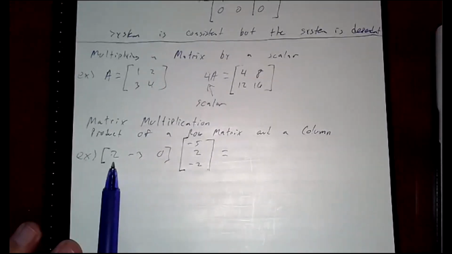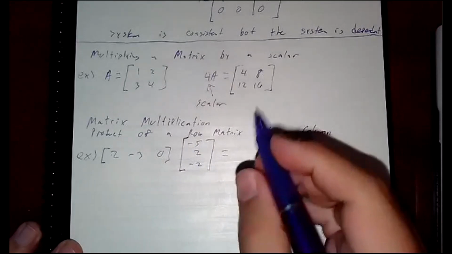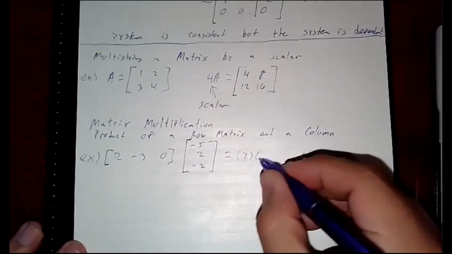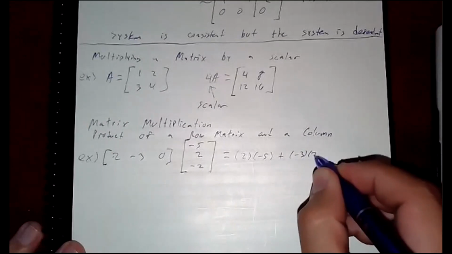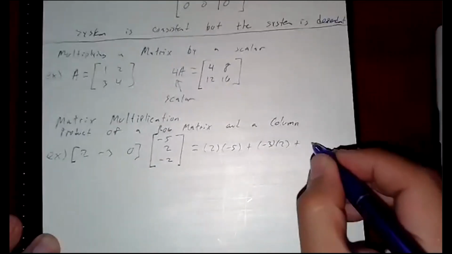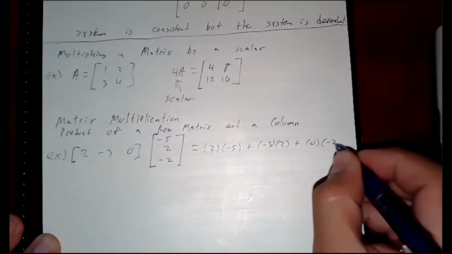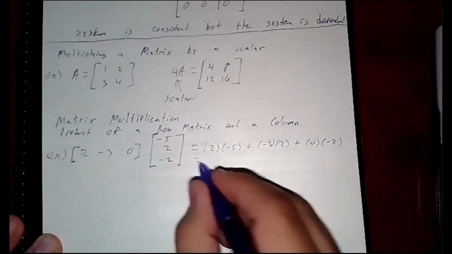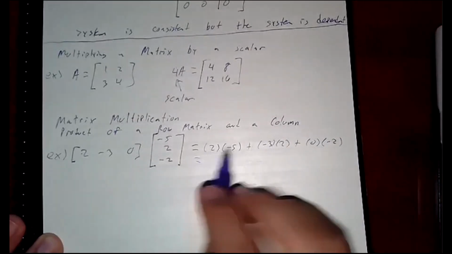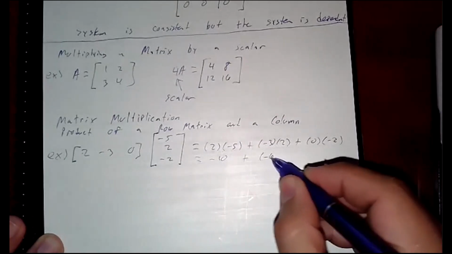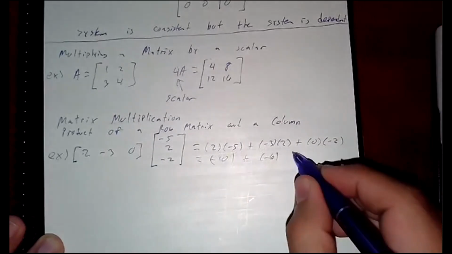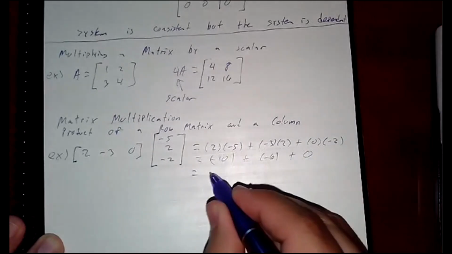When you multiply a row by a column, you do this entry times that entry, so that's how it works. 2 times -5 plus -3 times 2 plus 0 times -2. Then you just add them together. This is -10 plus -6, plus 0. So that would be -16.